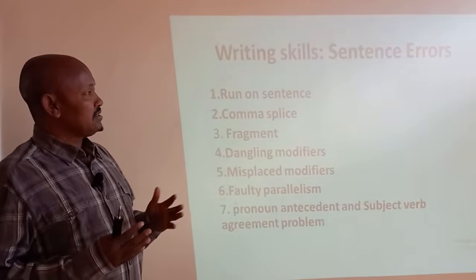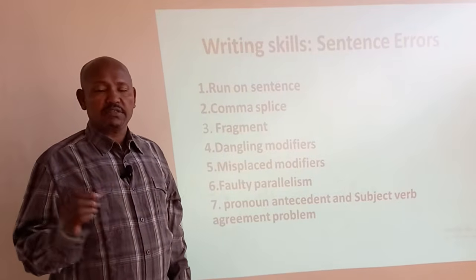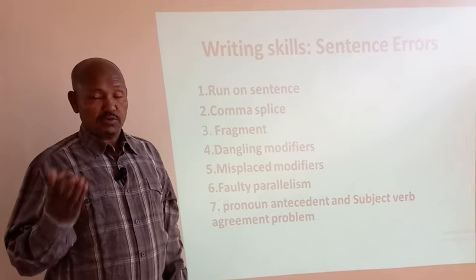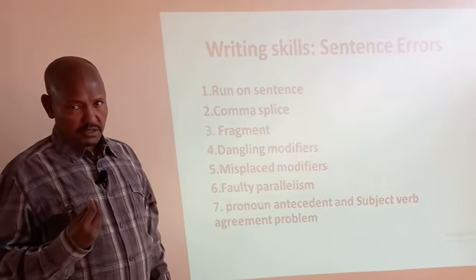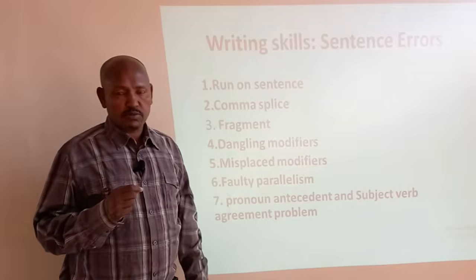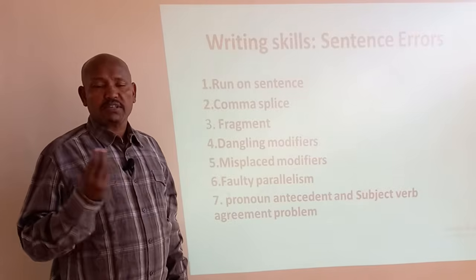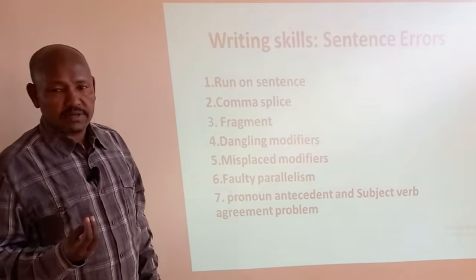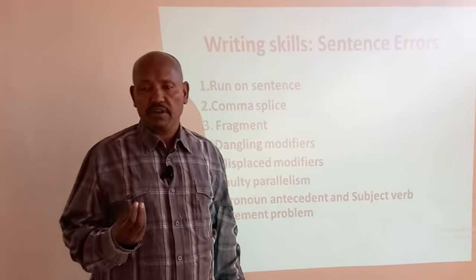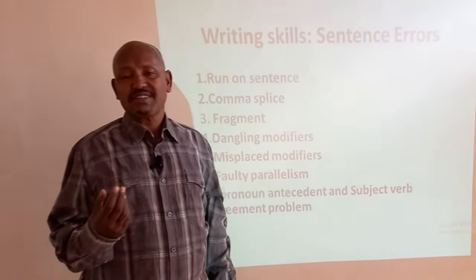Unless we avoid these sentence errors, the sentence or the paragraph that we write is meaningless. Some examples of sentence errors are run-on sentence, comma splice, fragment, dangling modifier, misplaced modifier, faulty parallelism, and pronoun antecedents.